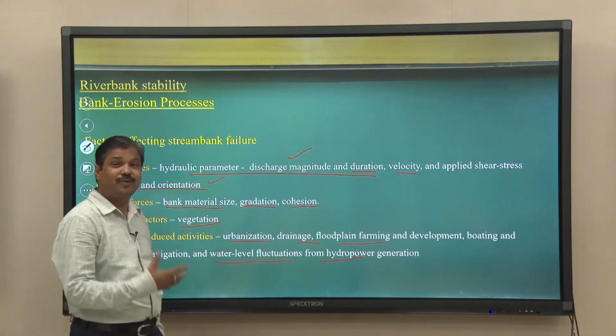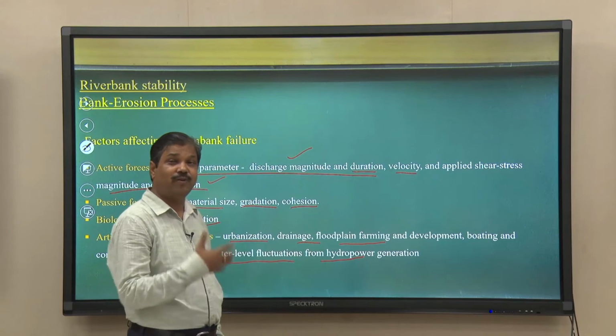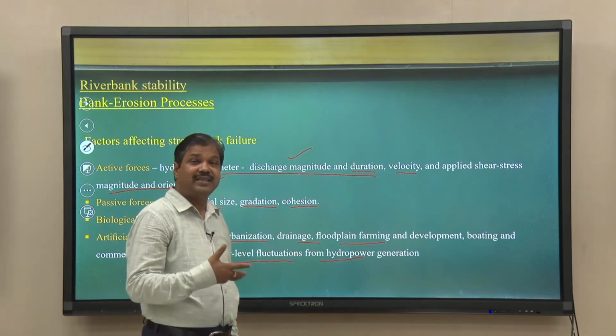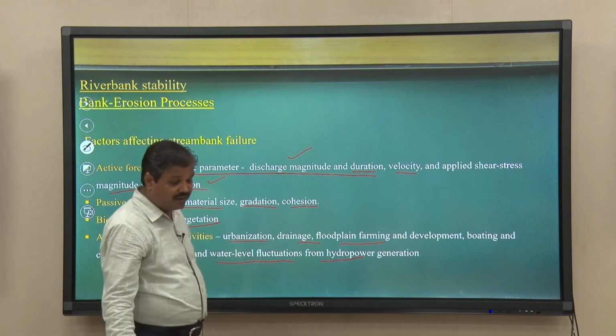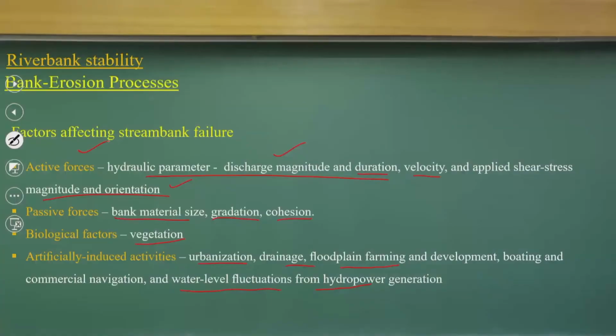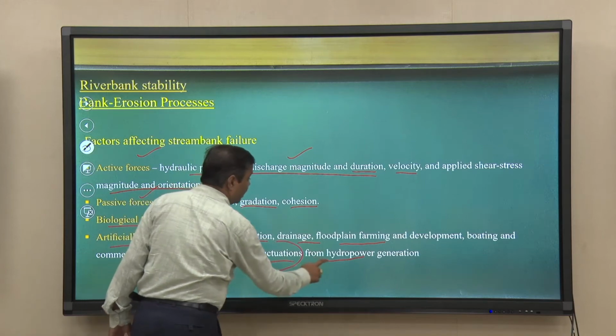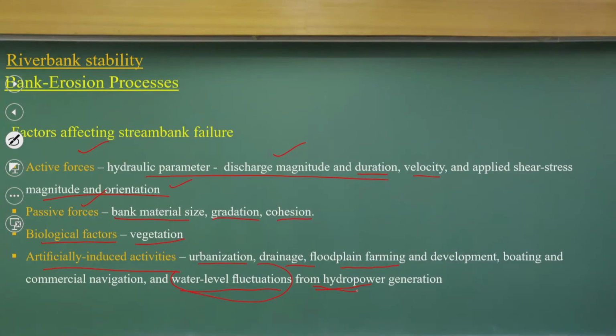We should try to understand and incorporate all of them. Why is the bank erosion process accelerating? What are the reasons behind that? We need to understand all these active forces, passive forces, biological factors, and man-made activities like water level fluctuations due to hydropower generation, floodplain farming, and even commercial navigation, which also play a role in the bank erosion process. We try to understand all that.